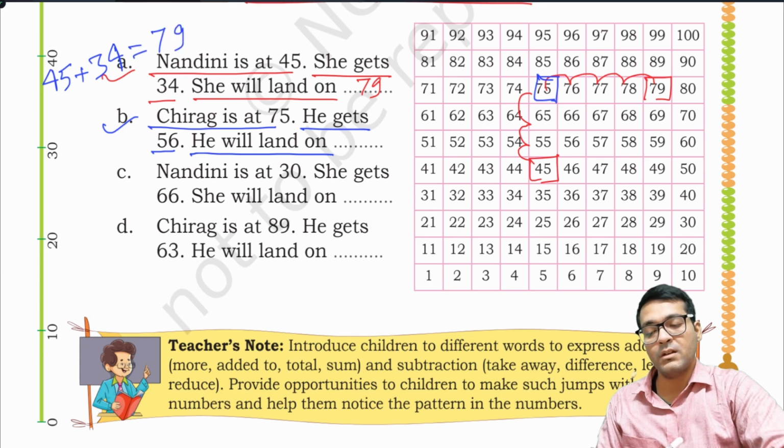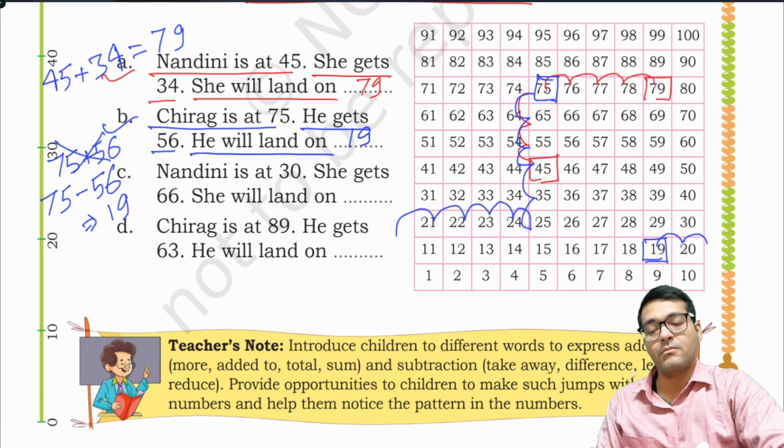But for the second question, you can't add 56 to 75 as it becomes more than 100. So you have to subtract 56 from 75. That means you have to subtract 56: 10, 20, 30, 40, 50 and 6 backward. 1, 2, 3, 4, 5, 6. That becomes 19. 19 will be the answer.